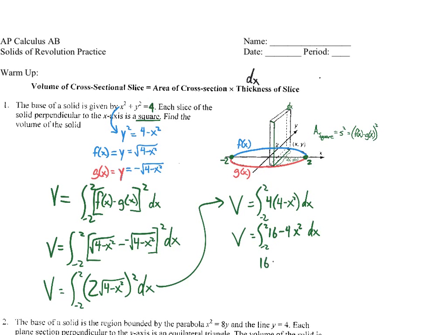So we have 16x minus 4x cubed over 3 evaluated from negative 2 to 2.